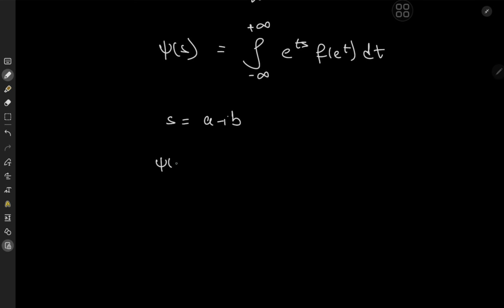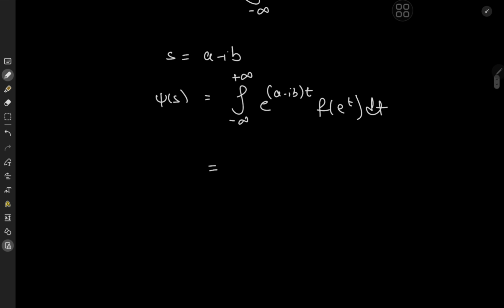So psi of s equals the integral from negative to positive infinity of e to the a minus ib times t times f of e to the t dt. Finally, we have the integral from negative to positive infinity of e to the at times f of e to the t times e to the negative ibt dt.